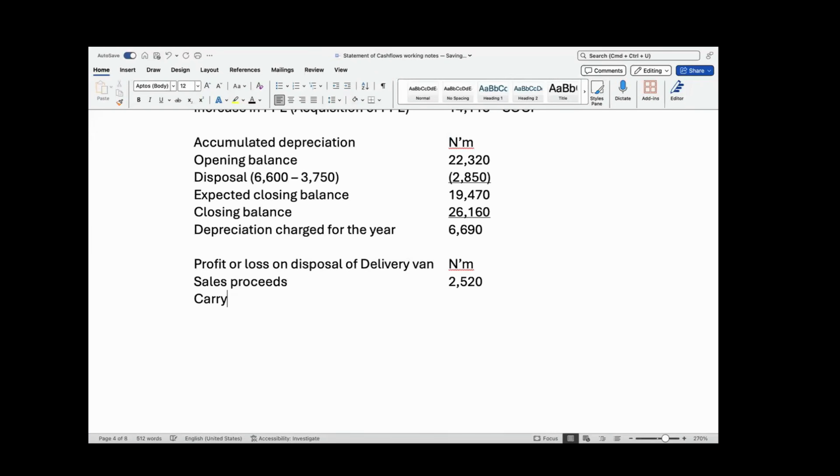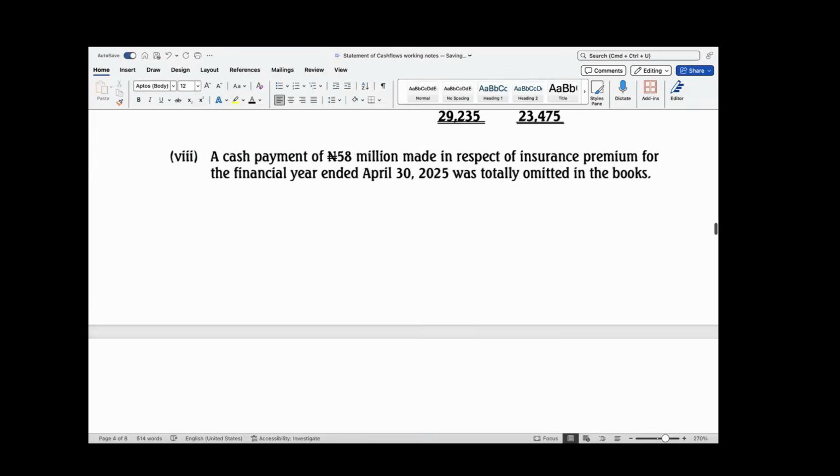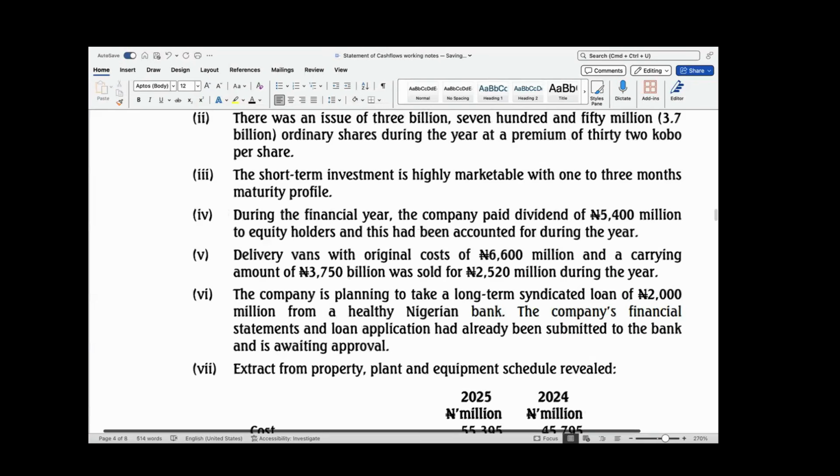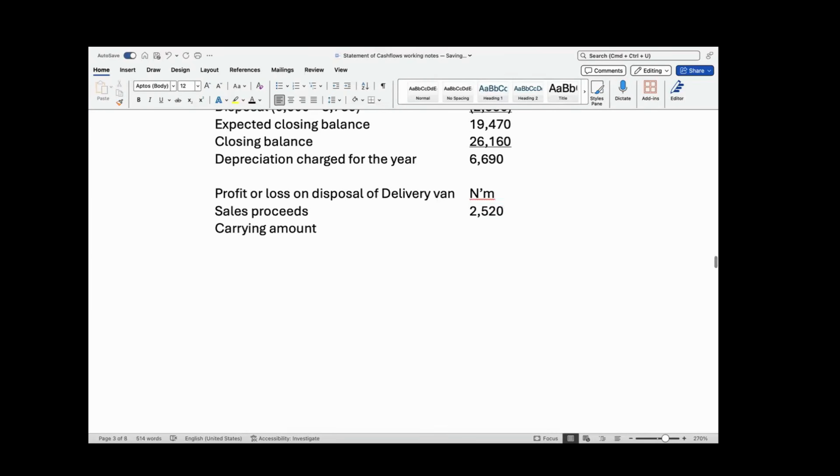And what was the carrying amount? 3,750. So the difference, is this a profit on disposal or a loss on disposal? A loss on disposal, sir. Loss on disposal. Okay. And what's the difference? 1,230.